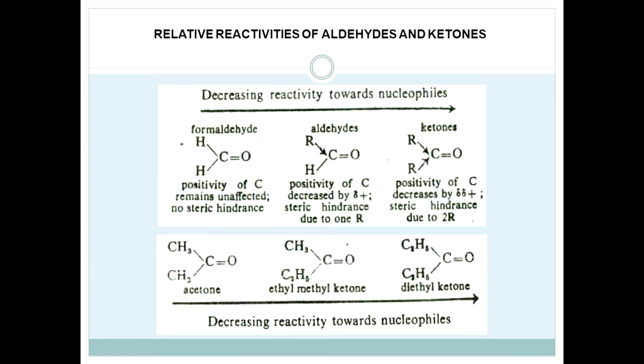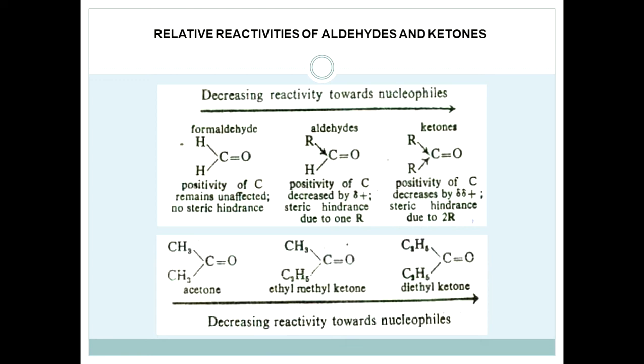Each alkyl group, being electron releasing, decreases the positivity of the carbon atom, and this alkyl group produces steric hindrance to the approaching reagent. Therefore, the nucleophilic attack on the carbonyl carbon is retarded.